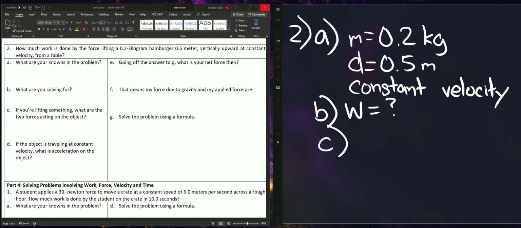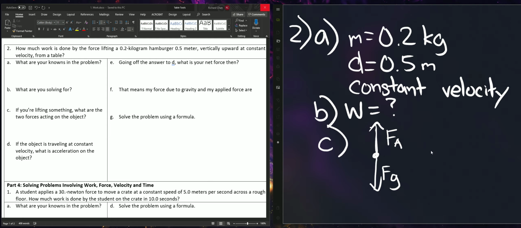If you're lifting something, what are two forces acting on the object? Well, the first force is Fg. The other force is, if you're lifting something up, you're applying a force to it. Sure, there's a normal force somewhere else, but that's not on the object itself.